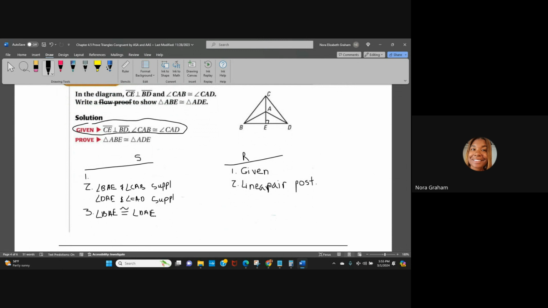Okay. And this is going to be by the congruent supplement theorem. Okay. Two supplement angles are congruent.